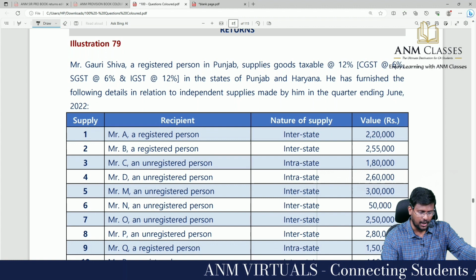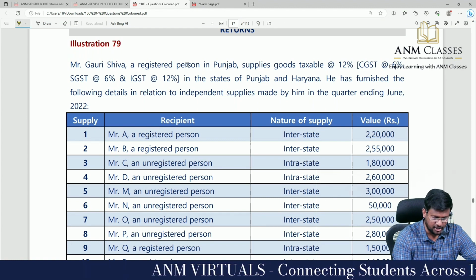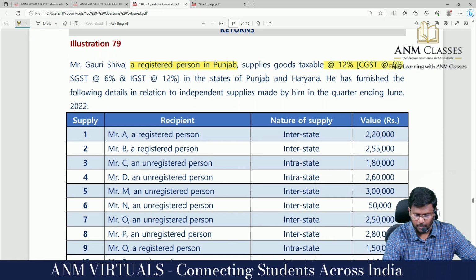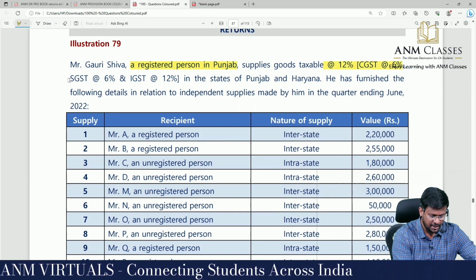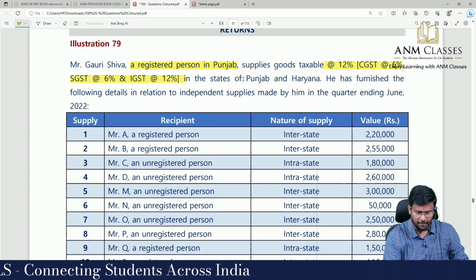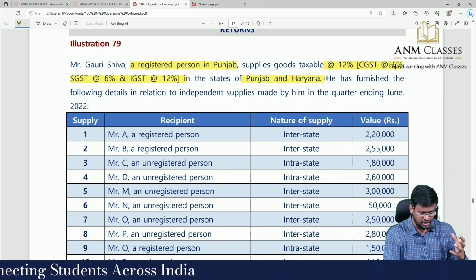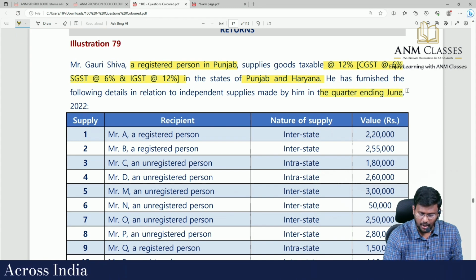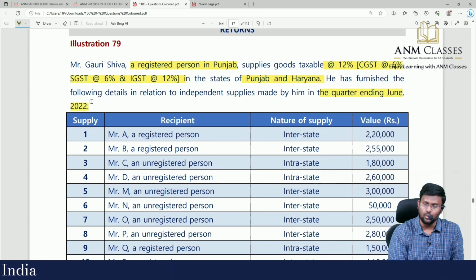Mr. Gauri Shiva, a registered person in Punjab, supplies goods taxable at 12%, CGST at 6%, SGST at 6% and IGST at 12% in the states of Punjab and Haryana. He furnishes the following details in relation to outward supply made by him in the quarter ending June 2022.